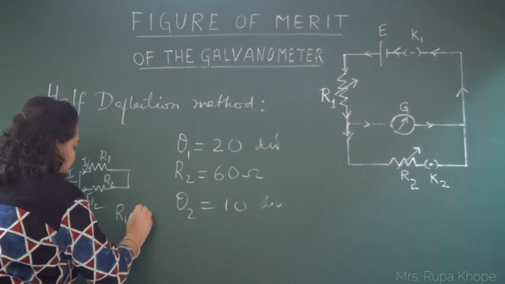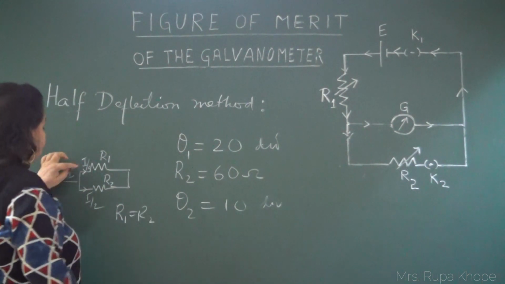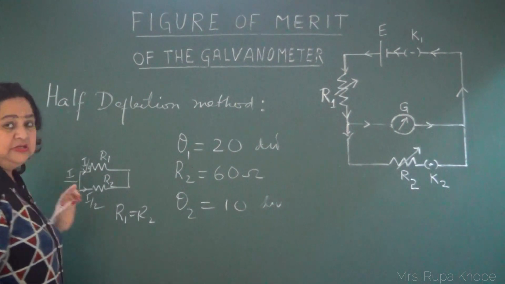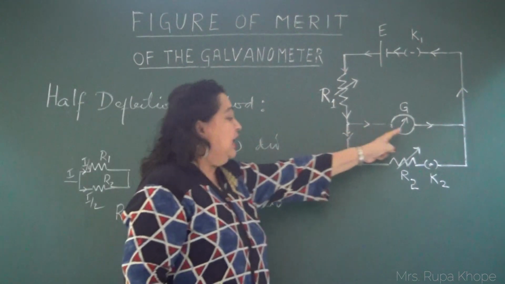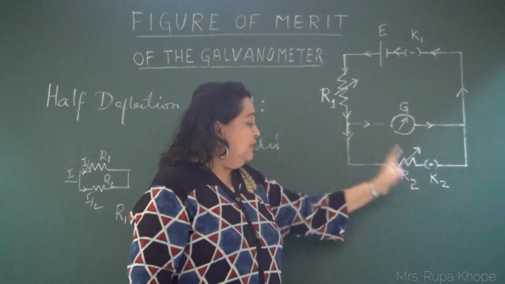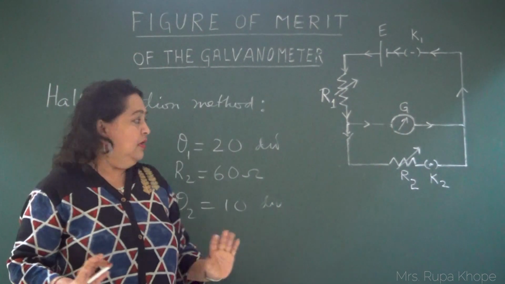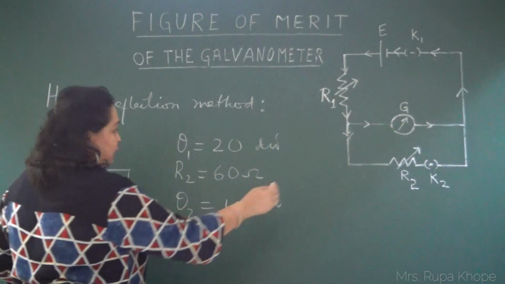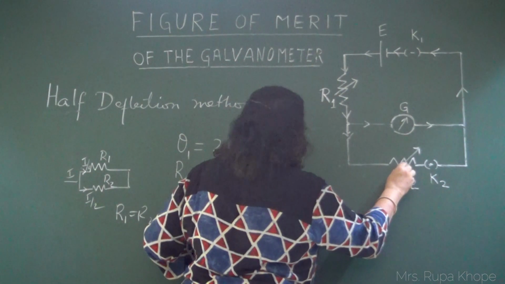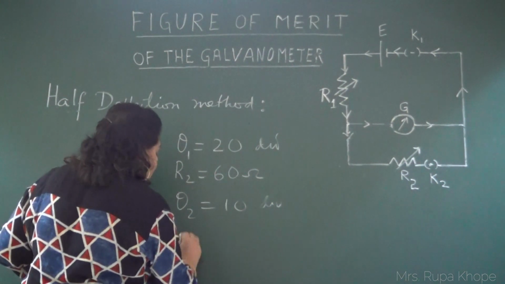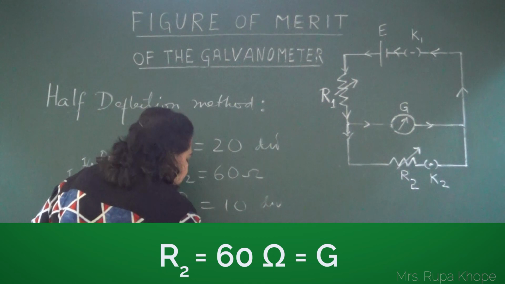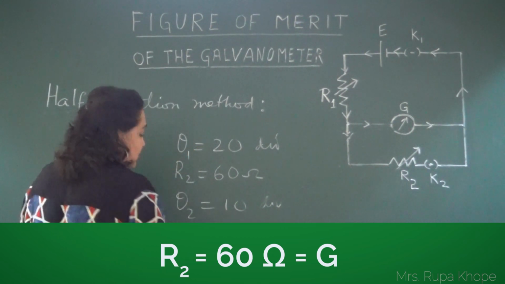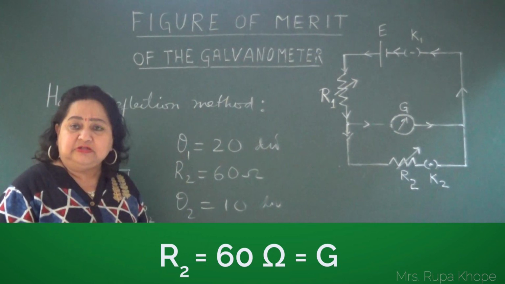So R1 is equal to R2, because the currents flowing in both the branches are equal. So the current flowing in the galvanometer and the current flowing in the resistance box are equal. And therefore whatever value we get here, the value removed, 60 ohms, has to be equal to the resistance of the galvanometer. So we found the resistance of the galvanometer.